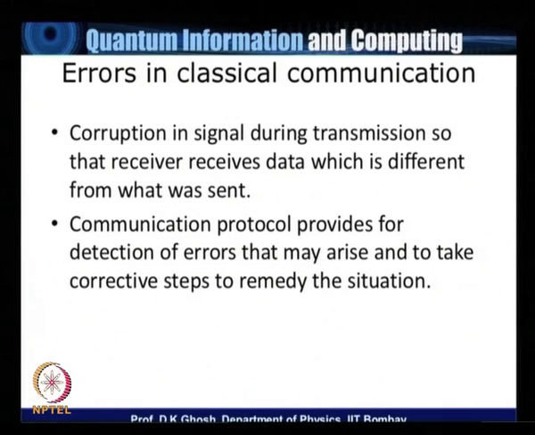We use the word corruption in signal to mean that the receiver receives data which is different from what was sent because of noise during the transmission, and our communication protocol provides for detection of error that may arise and to take corrective steps to remedy the situation.